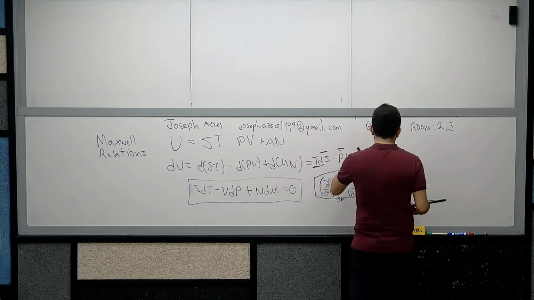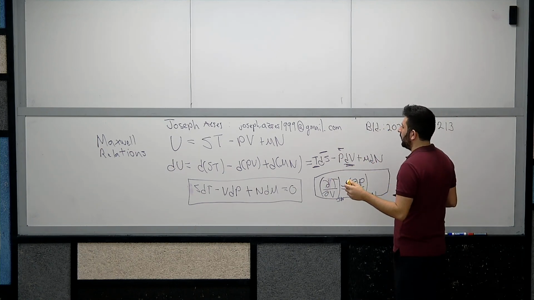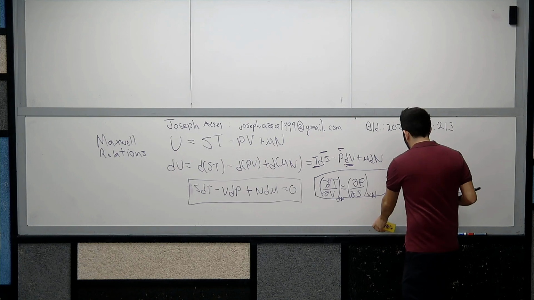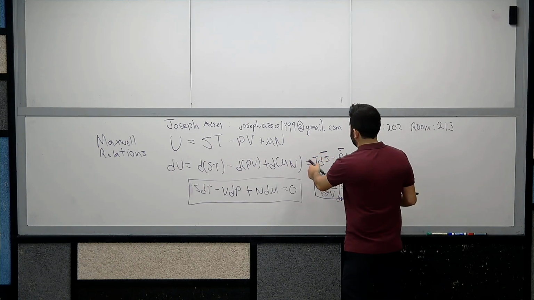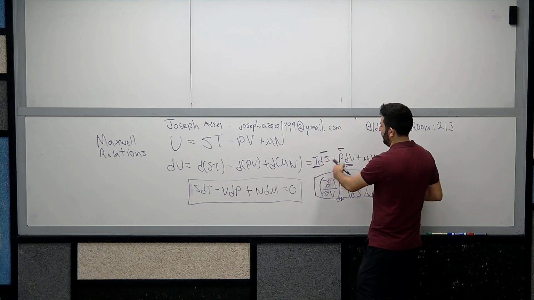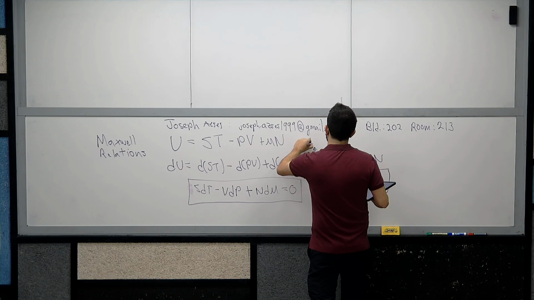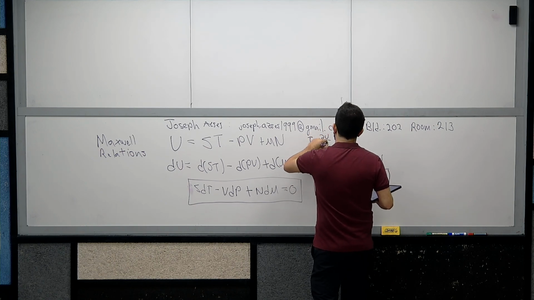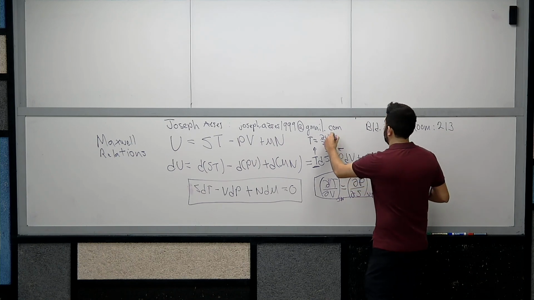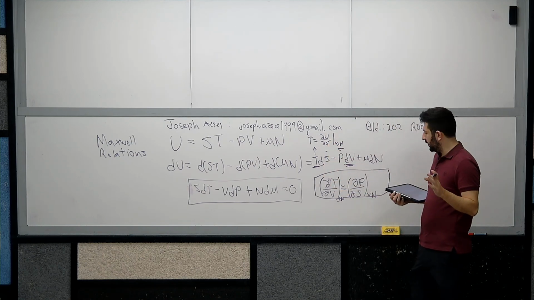Okay, so these are in general how we construct the Maxwell relations, and we of course know that since this is an exact derivative, we know that, for example, T is the derivative of U with respect to S, at constant volume and constant number of particles.